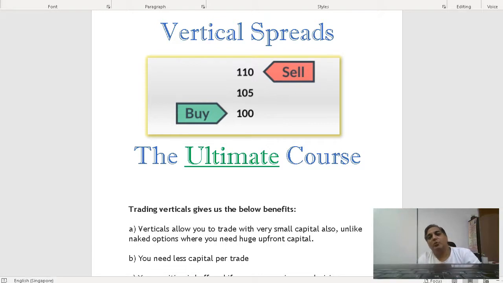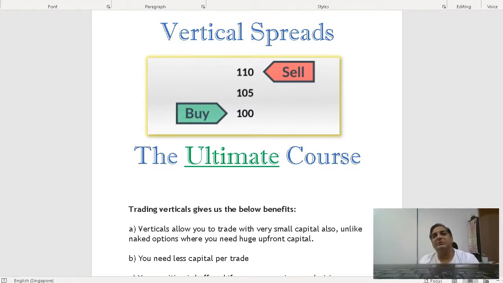In the past, I used to do only naked when I didn't know verticals, which is long back. And what happened is I always needed a huge amount of capital. For one position, I'm putting in like $3,000, $4,000, $5,000, even $6,000 of capital for one trade. And that is ridiculous. If you ask me today, I would say that's completely ridiculous.